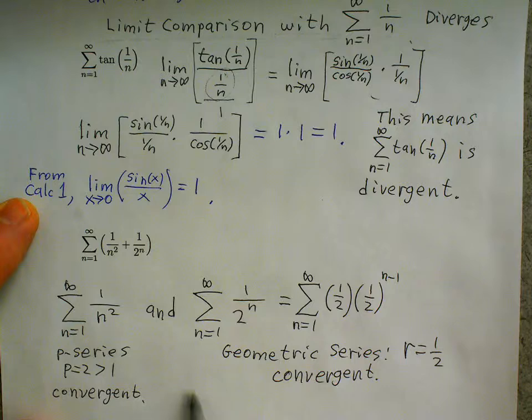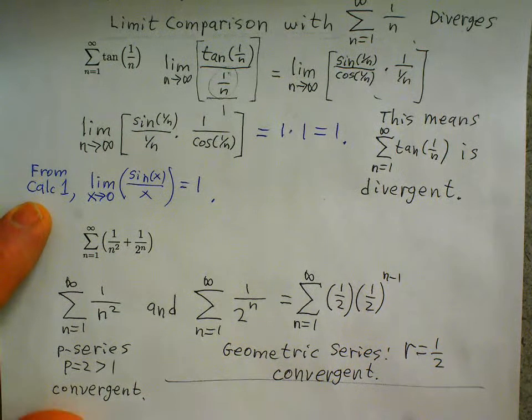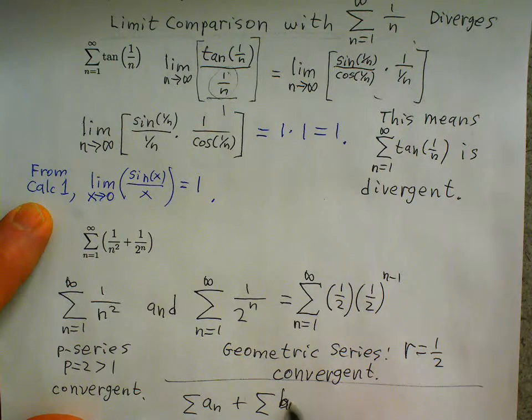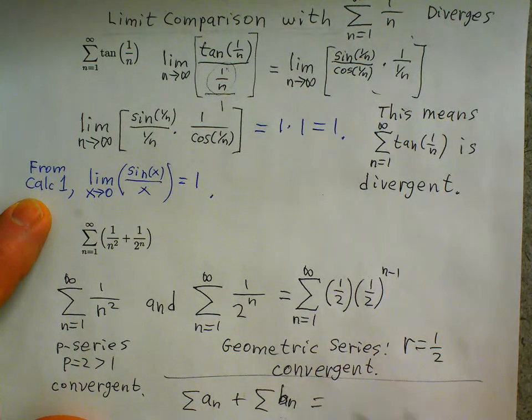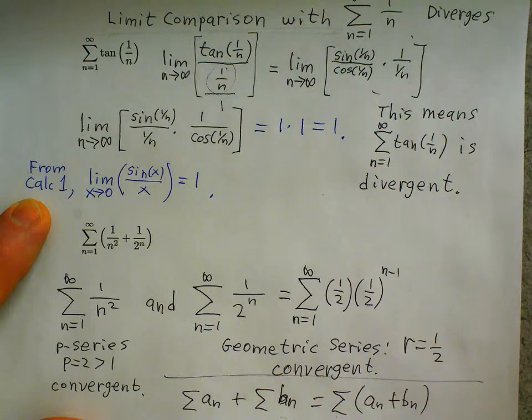And then in section 11.2, we have a theorem that says if two series are both convergent, then the sum of the series, or written as a single series of the sum, is also convergent.